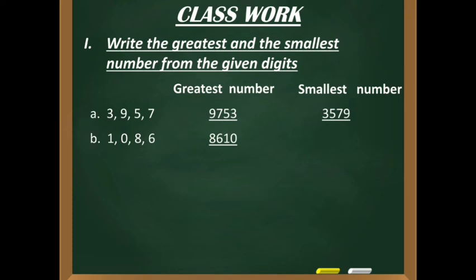But for the smallest number, the rule we have to follow is that we should not write 0 in thousands place. So what is the next digit? 1. So we write 1, 0, 6 and 8. So the smallest number is 1068.